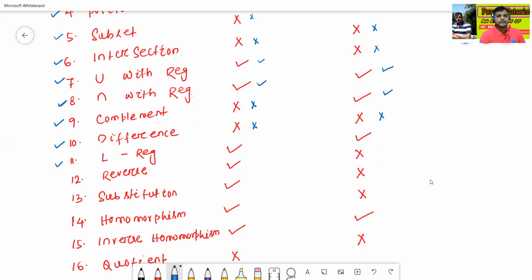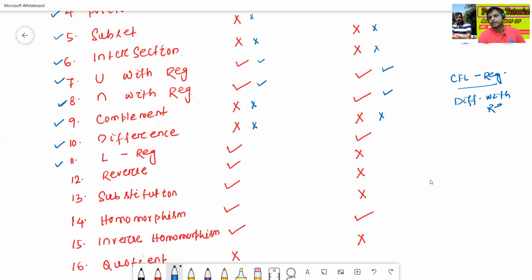Then next is L minus regular, the difference with regular. Suppose a context-free language has a difference with regular.